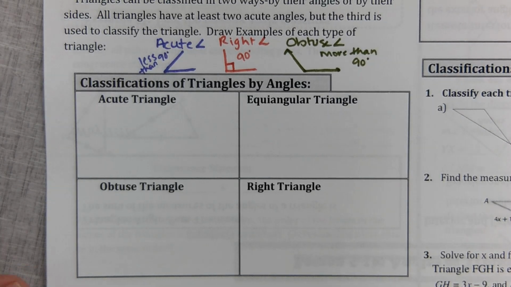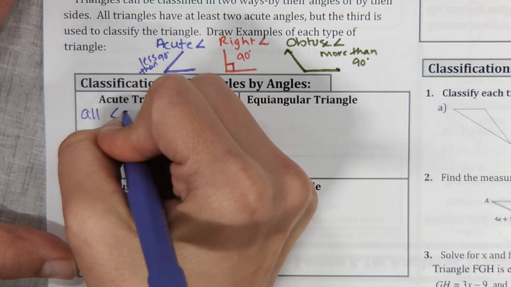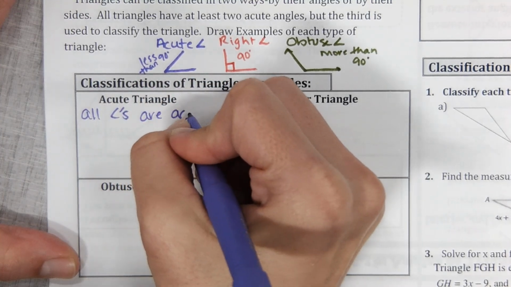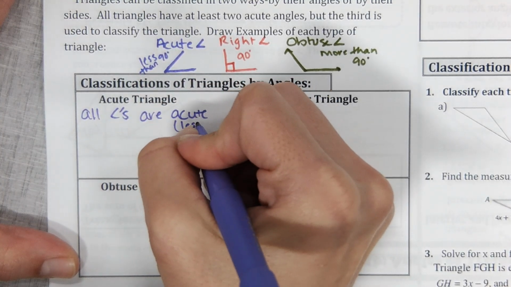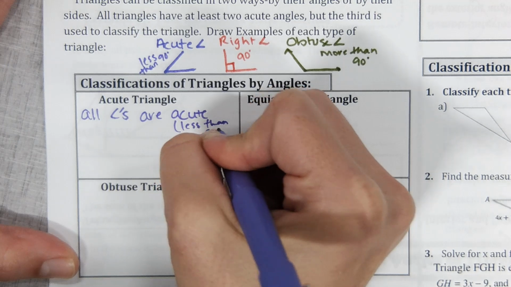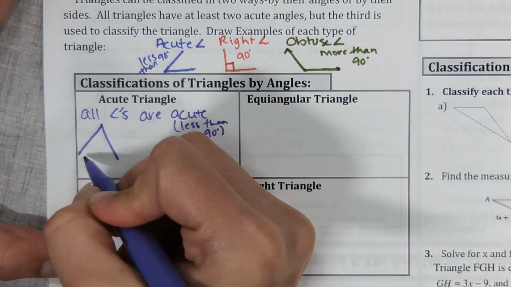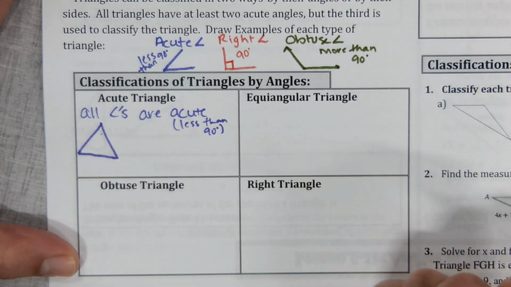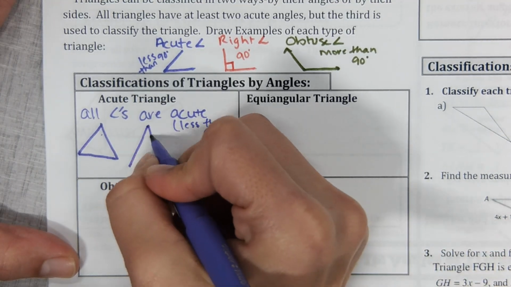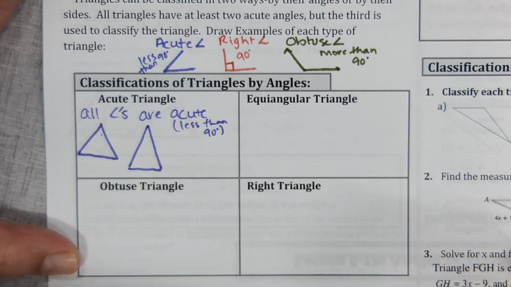So in an acute triangle, all the angles are acute, meaning less than 90 degrees. So like this, all the angles are less than 90, or like this, there are no obtuse angles.